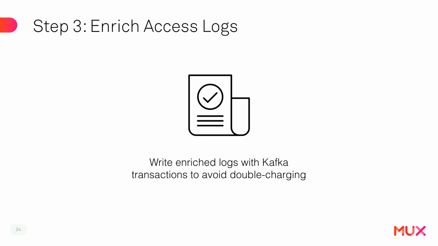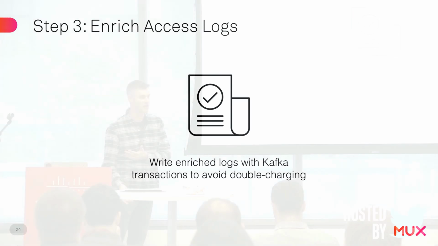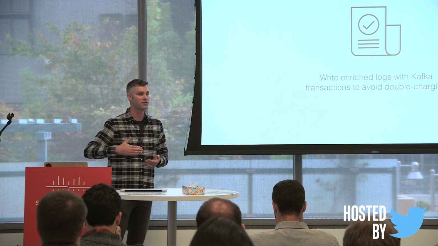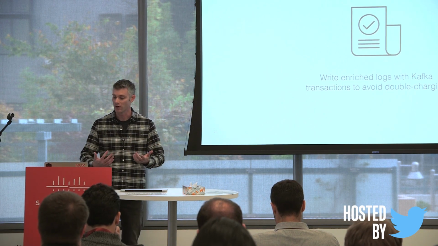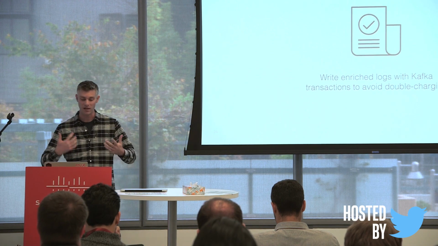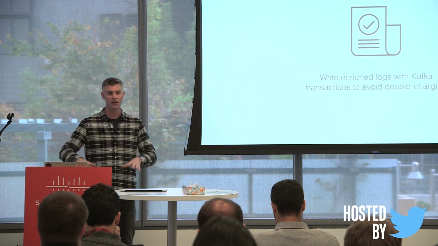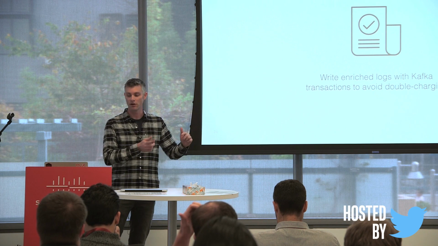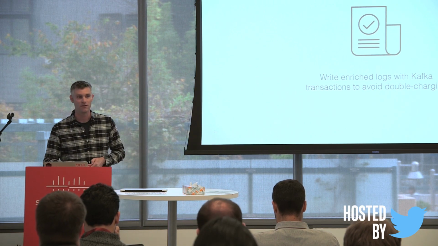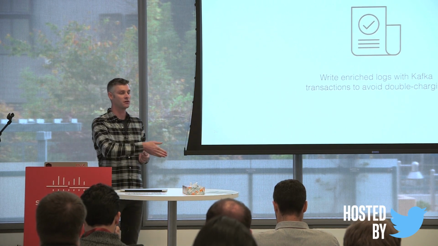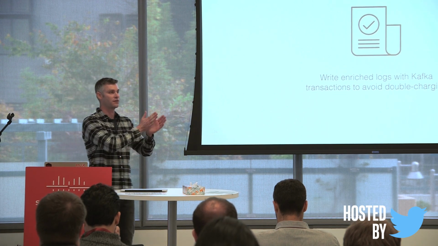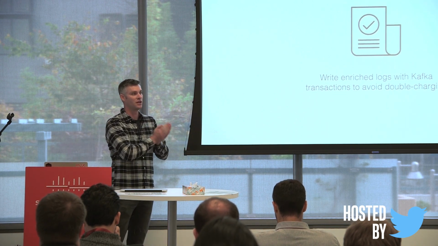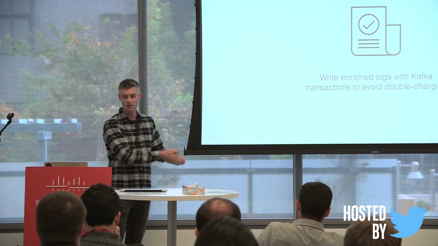And if the Flink app is restarted unexpectedly, maybe one of the task managers crashes or one of the external services that we need to interact with returns some sort of error code that we cannot recover from, the Flink app will then be resubmitted or restarted automatically, and it will resume from that earlier checkpoint, which results in us reading messages from an earlier position in the Kafka raw logs topic.